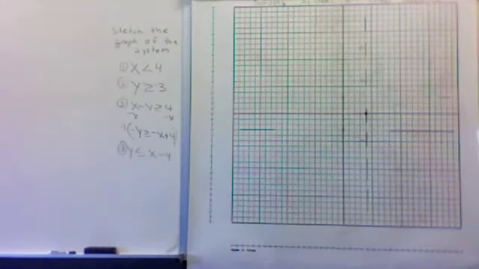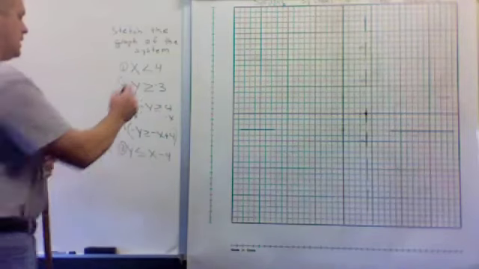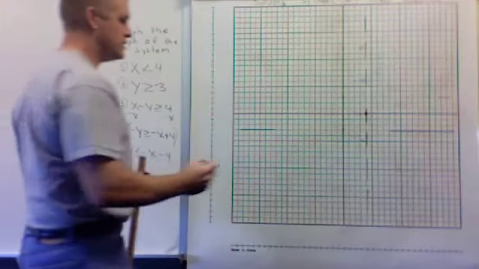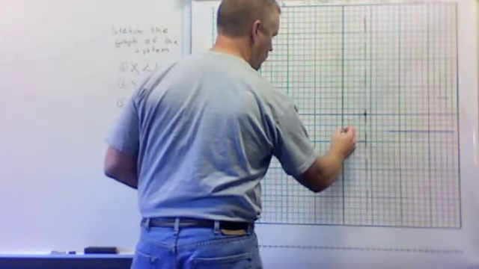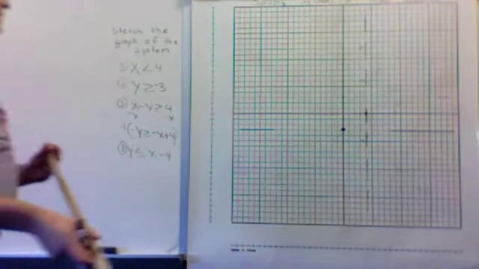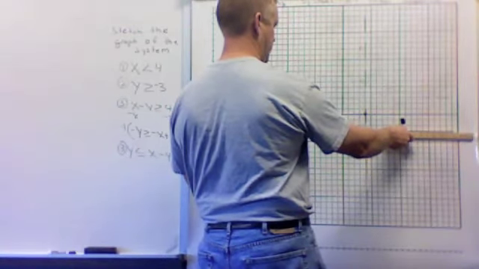Now we're going to graph the other inequality here. Y is greater than or equal to negative 3. With this one, it's a horizontal line going through negative 3 on our y-axis. And it's going to be a solid line because it's greater than or equal to.